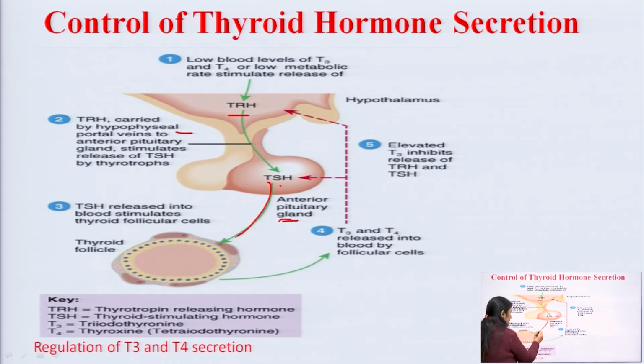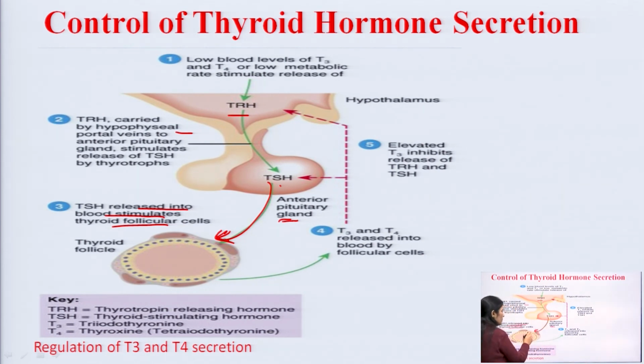This TSH through the blood will go to the thyroid gland and stimulate the thyroid follicular cells to synthesize T3 and T4.